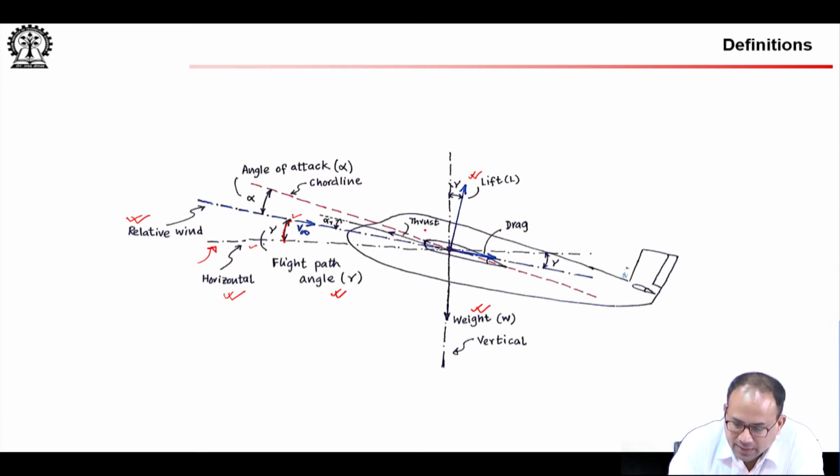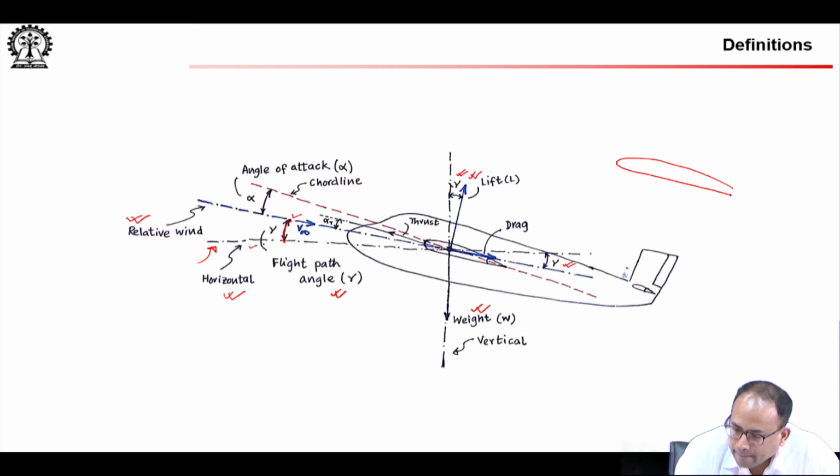You can see that here also my flight path angle is showing up, and here also my flight path angle is showing up. And the reason is, when air is flowing over the wing, so you have the wing, at this point let me draw the chord line.